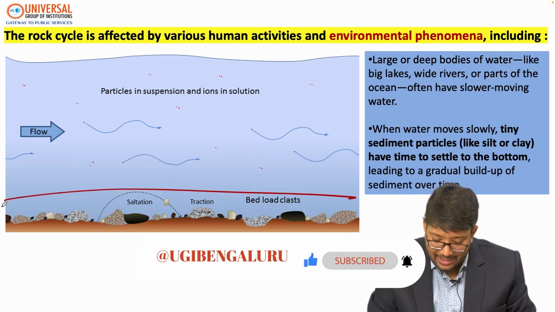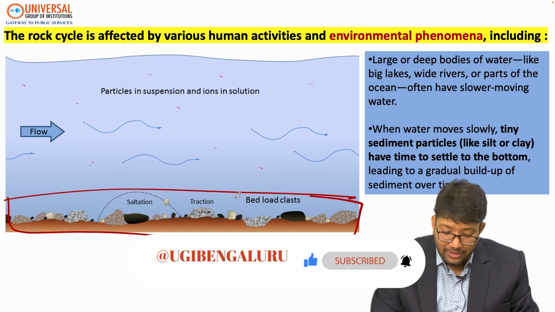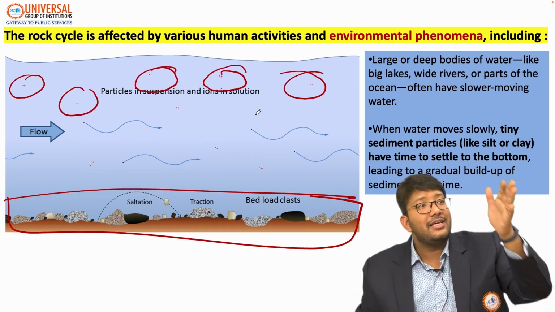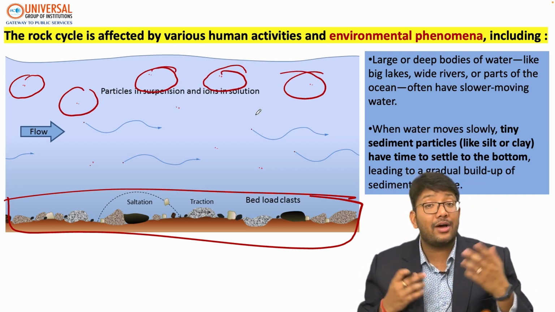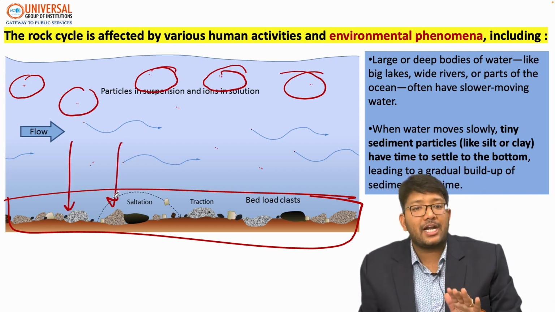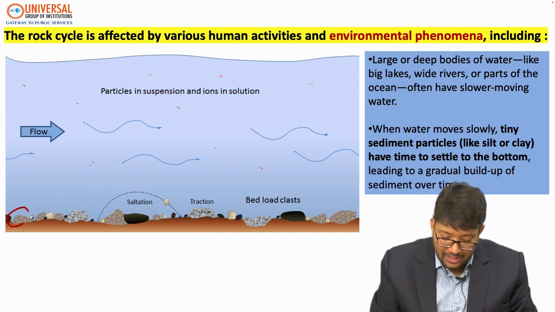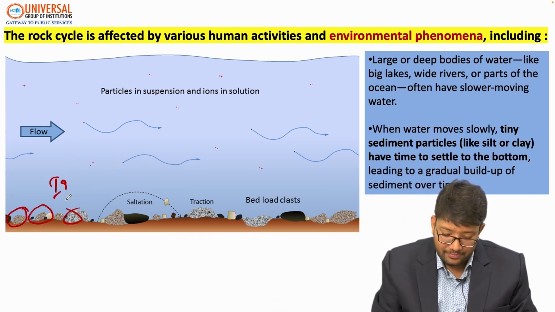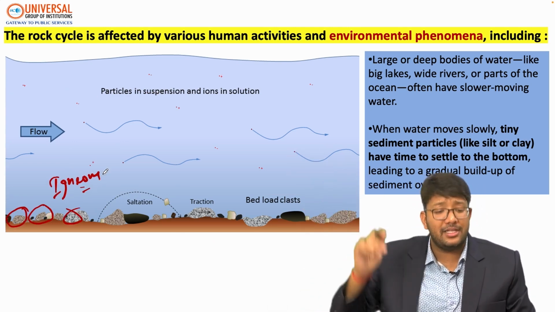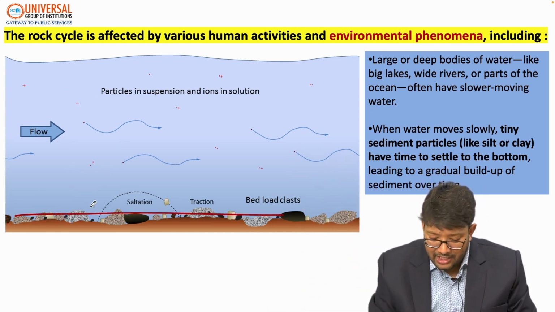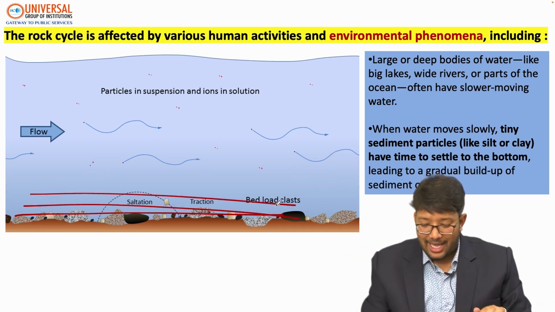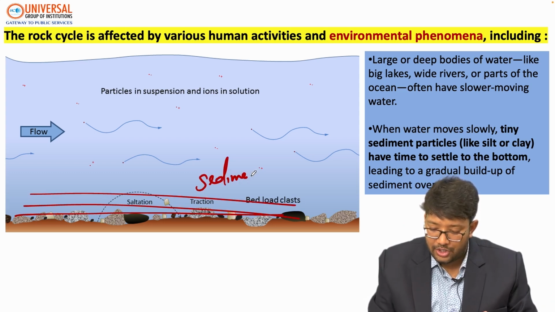Don't you think they will settle here only? Because up here, because of fast moving oceanic waves, they would be transported from one area to another. But due to the depth, settlement happens and they won't move that much. Now you tell me, suppose these rocks are igneous rocks, and due to sedimentation over millions of years, don't you think these sediments will become layers and change into sedimentary rocks due to high pressure?